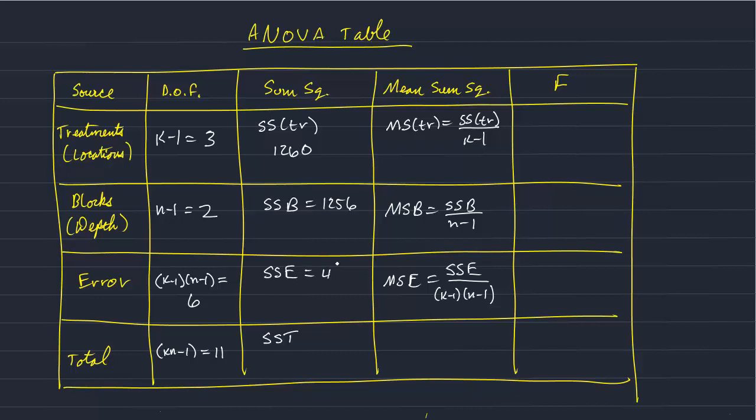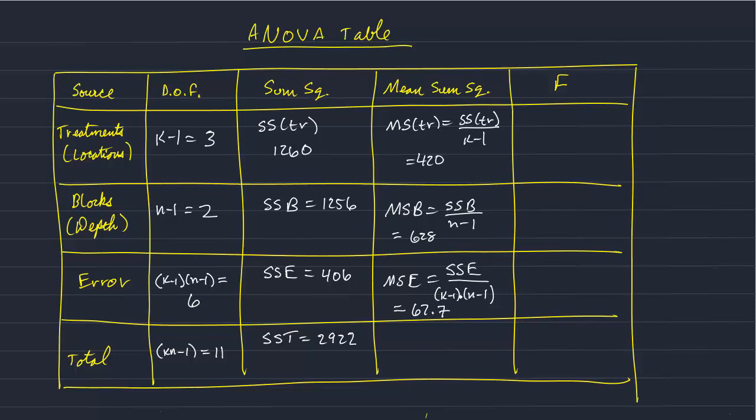The error gives 406, and the total is 2922. The mean sum of squares is 420, 628, and 67.7.